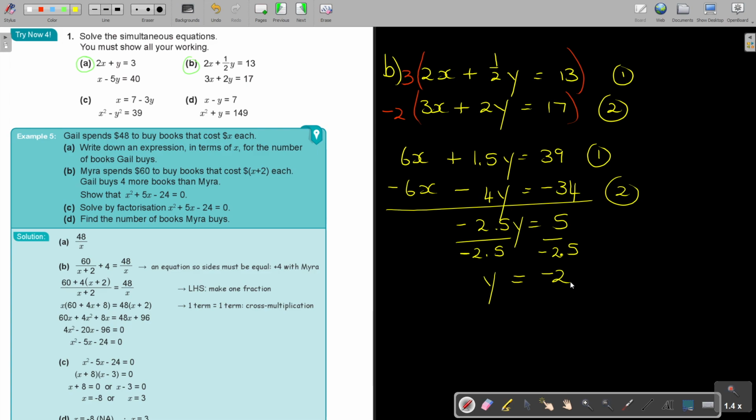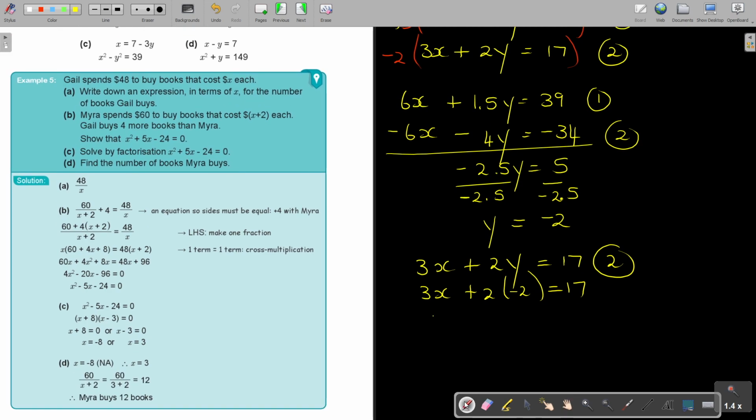And then I'm just going to substitute it in one of my equations. So take any one. I'm just taking 2 because I don't want to work with the fraction one. I take the second one, but it doesn't matter. You can take any one. So then it's 3x plus 2, and I put negative 2, and it's 17. And then 3x minus 4 equals 17.